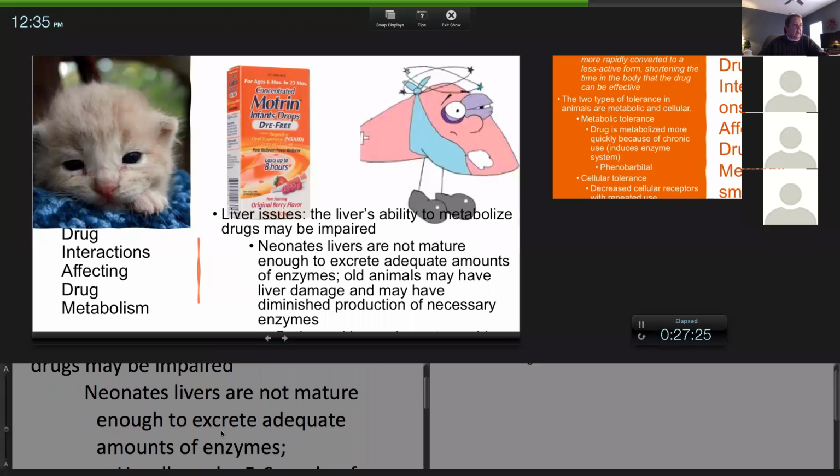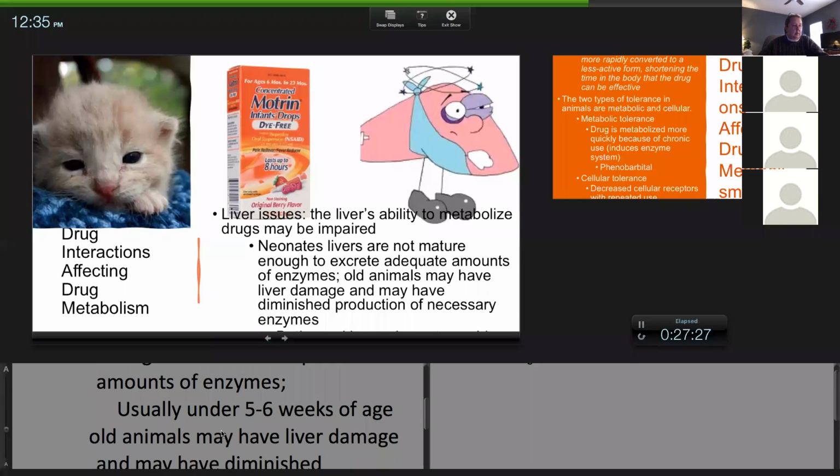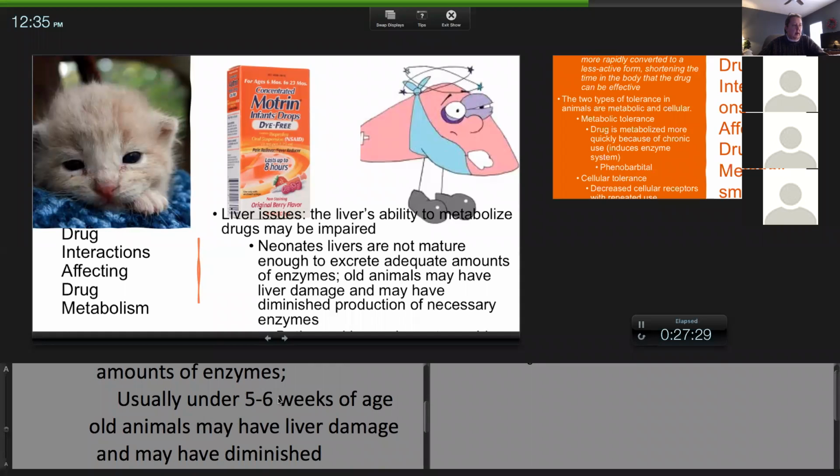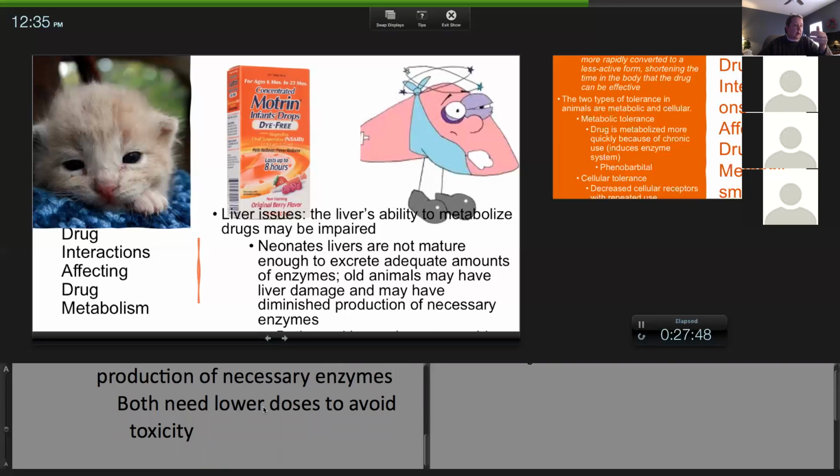But a neonate's liver is not mature, and this is typically under 5 to 6 weeks of age. It's probably rare that you're doing something to an animal that's 5 or 6 weeks old, but their liver is not fully developed. So they're going to have altered metabolism of that drug because we're not having a fully functional liver.